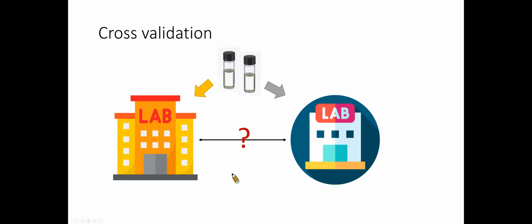Cross-validation is a comparison of validation parameters of two or more bioanalytical methods or techniques that are used to generate data within the same study or across different studies. Also, cross-validation is necessary when sample analyses within a single study are conducted at more than one site or more than one laboratory.